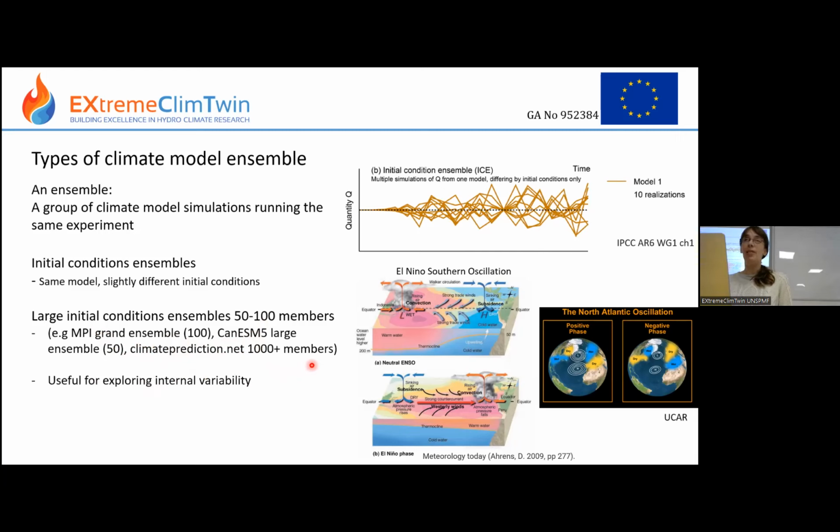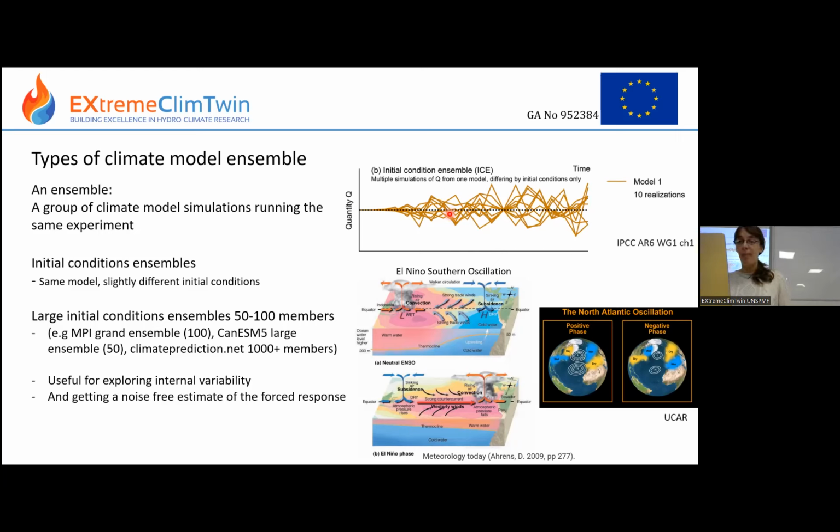These kinds of ensembles are useful for exploring internal variability: quantifying it, getting good statistics, trying to understand it, and looking at how much difference internal variability can make when you're looking at projections, say the next 10 years, 20 years, 50 years.